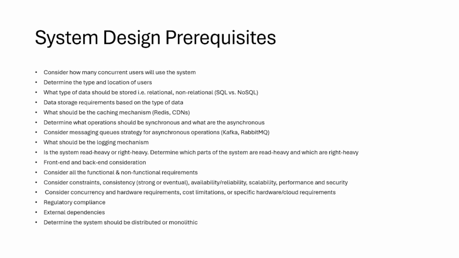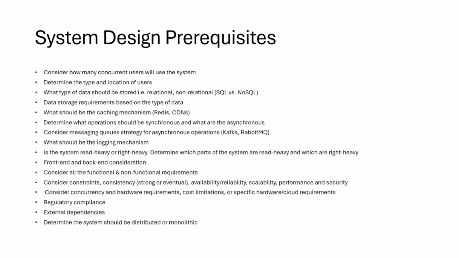You should consider what the caching mechanism should be, such as Redis or CDNs, if your system needs to apply a caching mechanism, or if your clients or stakeholders need caching. Determine what operations should be synchronous and what should be asynchronous. You have to separate the synchronous and asynchronous operations and handle them separately.